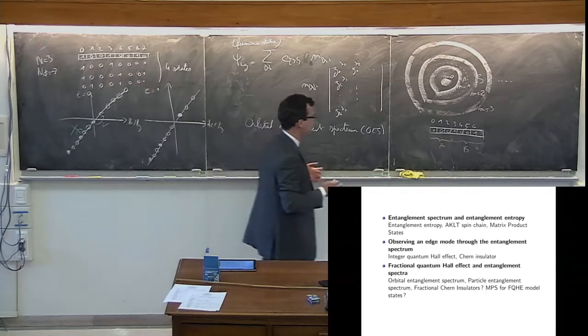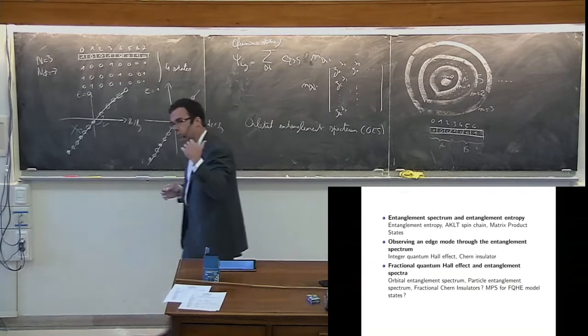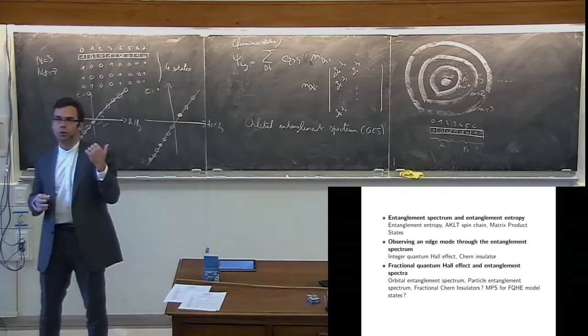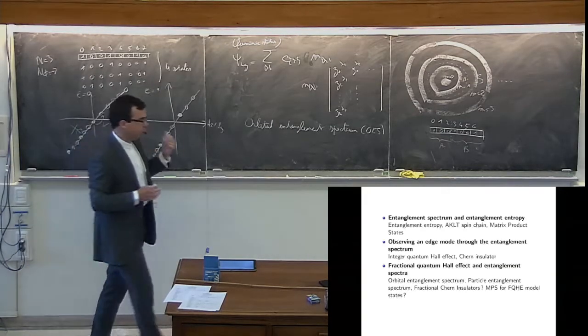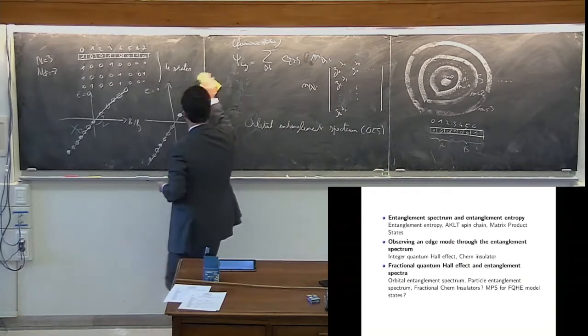So if you remember yesterday, we have already talked about this way to cut the system into two for the integer quantum Hall effect. For the integer quantum Hall effect, you have a product state, which means that all the orbitals are occupied.